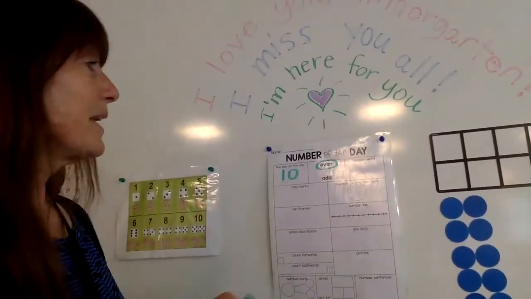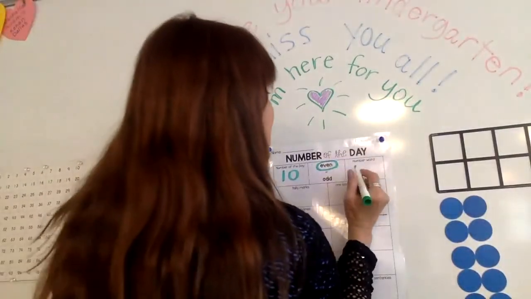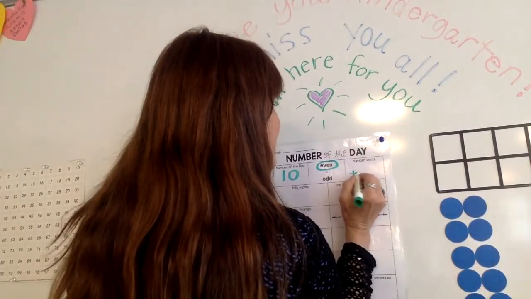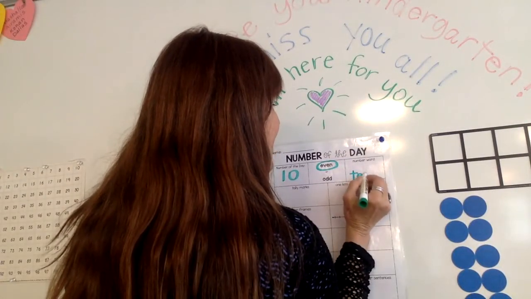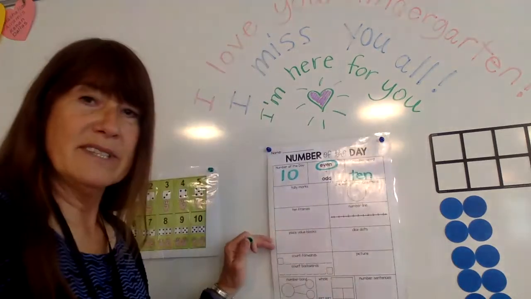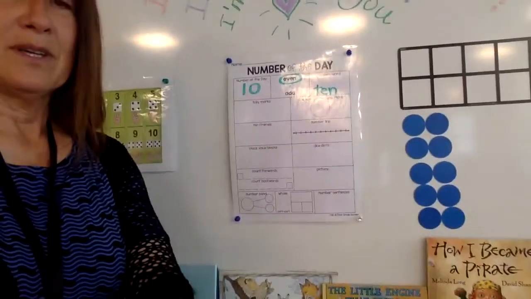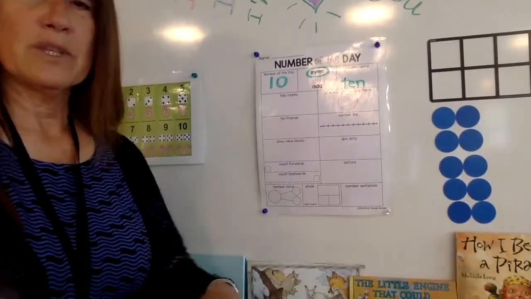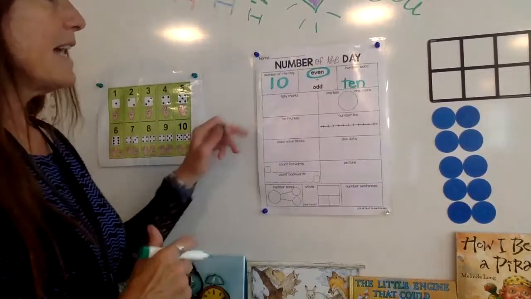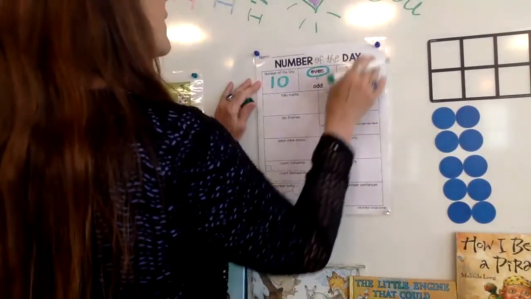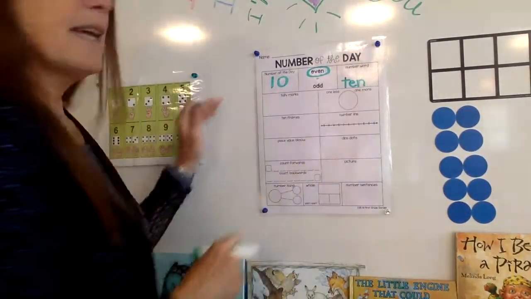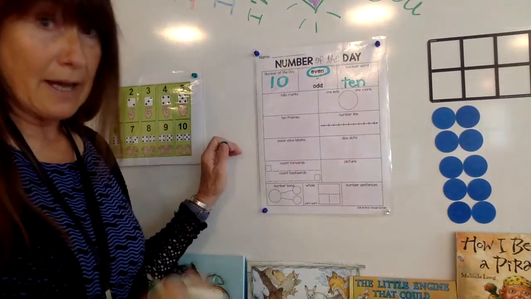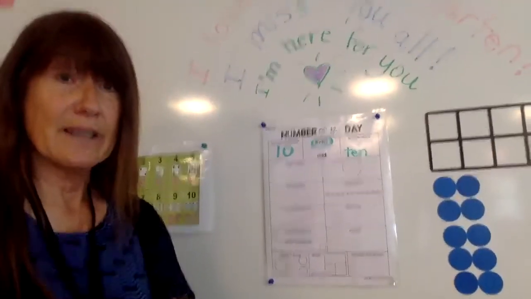All right. The number word, this is an easy one. You can all sound this out. Ten. You can all spell that word. I wish there wasn't a glare on it. Tally marks. Okay, so we know that tally marks can be made into bundles of 5. How many 5s are there in 10?